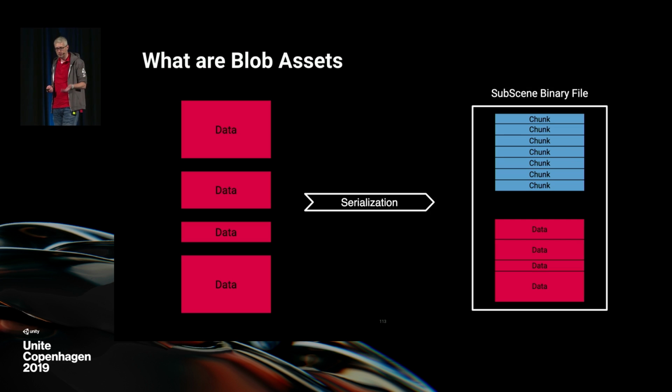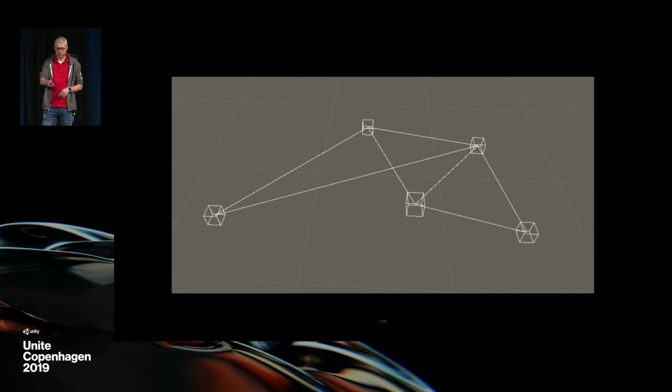When they are serialized, they are put into one big allocation. Also, there's no serialization happening, so all the internal references are offset-based, so it's literally just loaded into memory and is ready to use. So zero-cost serialization is what it's all about.